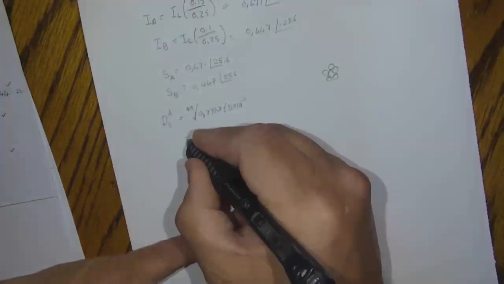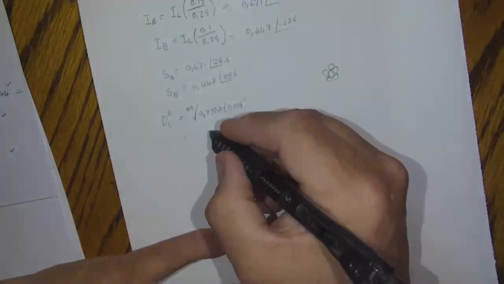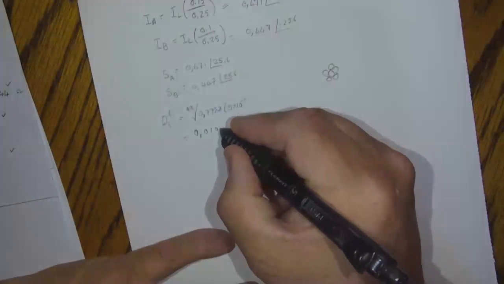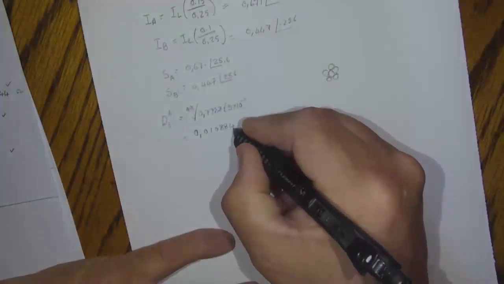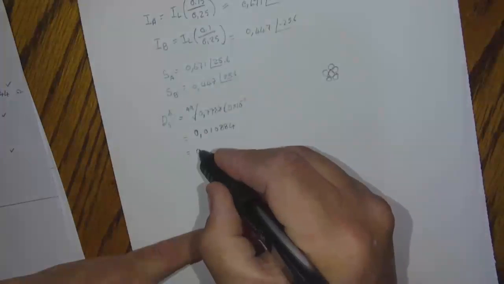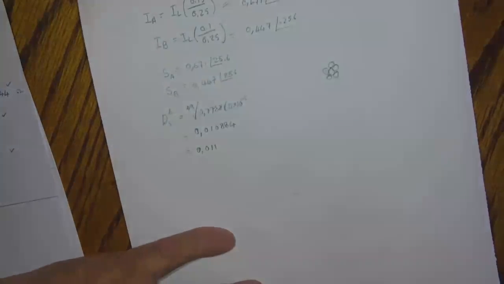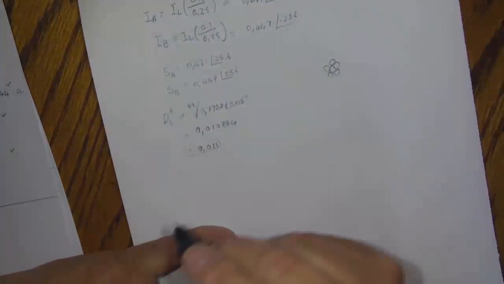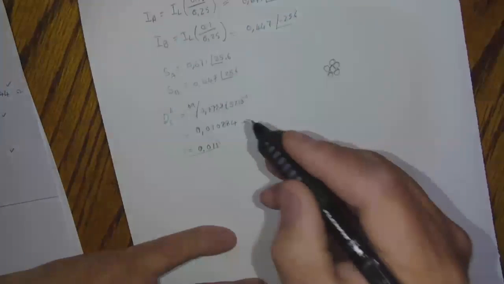If you got that right, you got 0.0108. Now, most of you rounded it off to that, and that was not right.